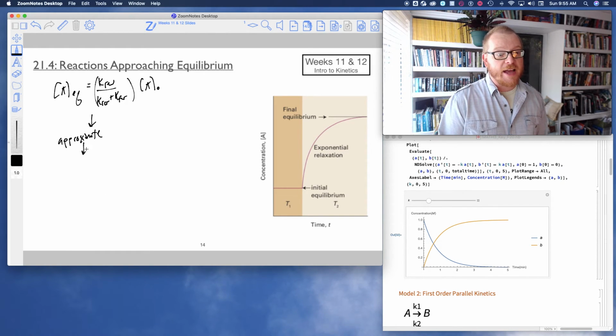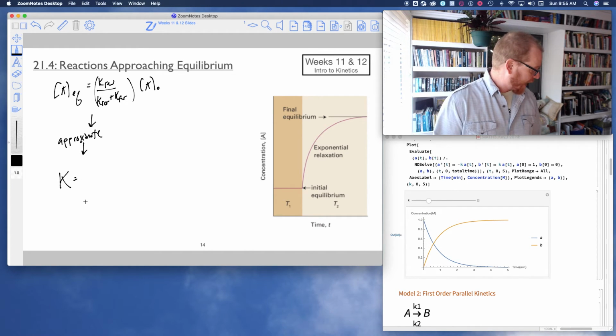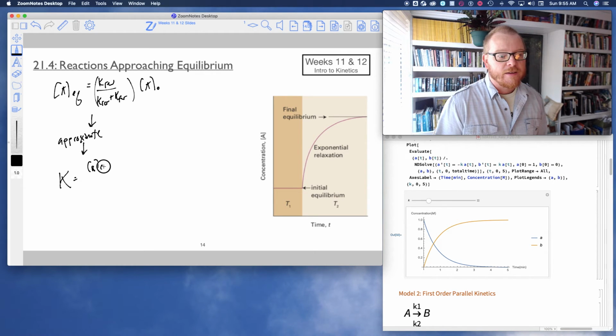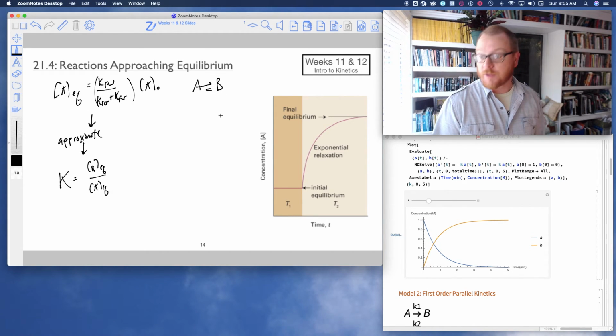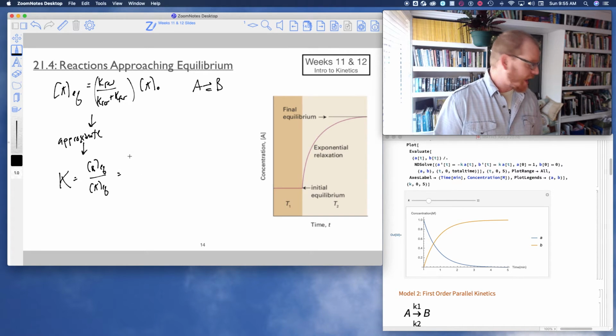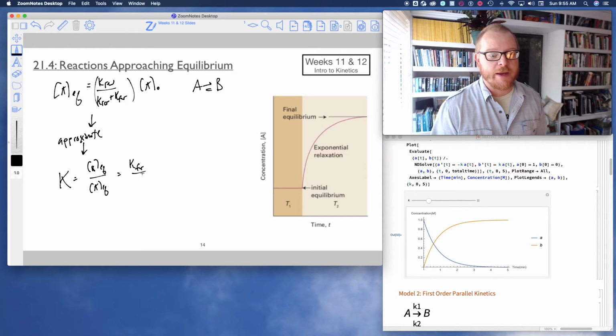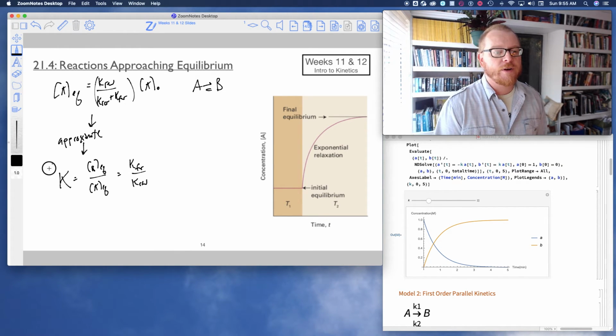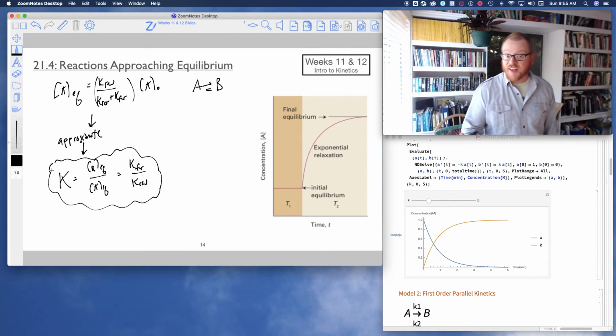But what we would get as this approximate result is the equilibrium constant K, as we know, will be B over A, right? If we're talking about our very simple equilibrium. And to a very good approximation, this just ends up equaling k forward over k reverse, which makes sense when you really think about it, right?